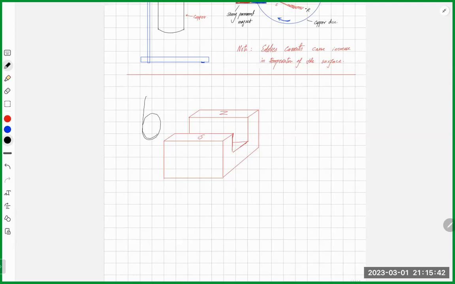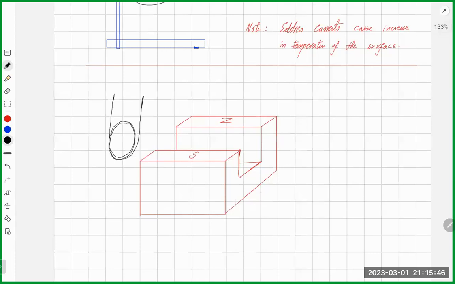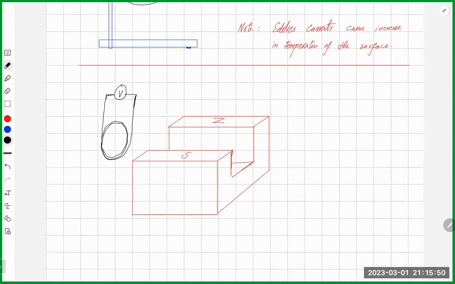There is a sensitive voltmeter here. This is side Y. And it is moving with a constant speed.